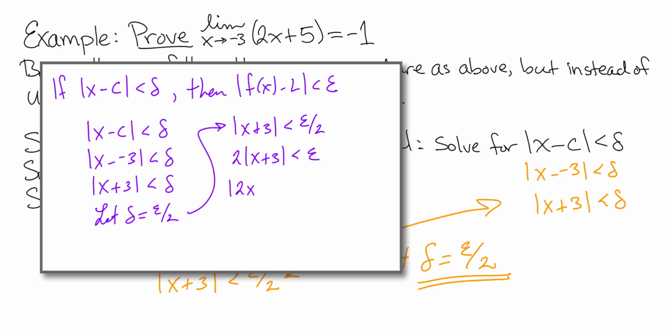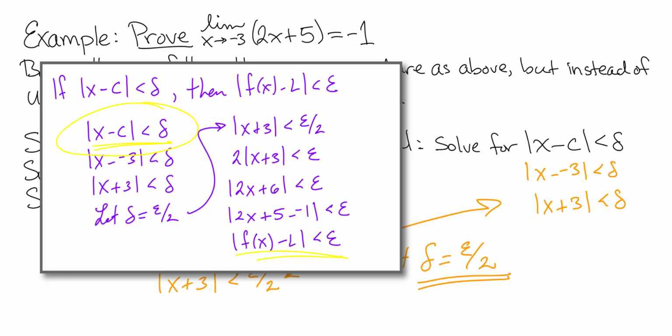And we can bring the 2 inside the absolute value, and we can go ahead and split up that 6 to be 5 minus -1. And so now we've written the absolute value of f of x minus L is less than epsilon. If this, then that. If we have the absolute value of x minus c is less than delta, then we can show the absolute value of f of x minus L is less than epsilon.